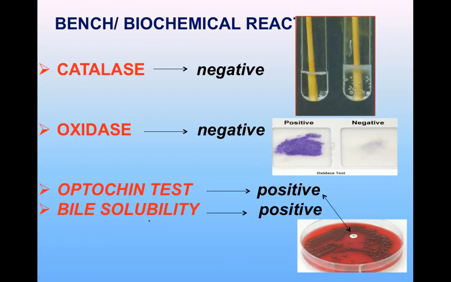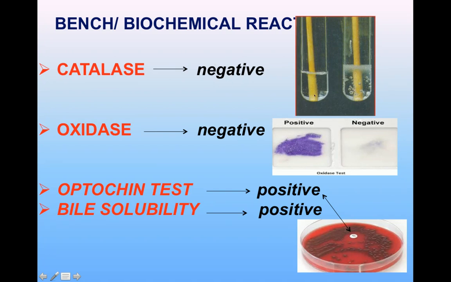After interpretation of the colonial characteristics, we are going to perform bench tests and biochemical tests on the colonies which we have isolated. First is the catalase test and oxidase test. These are the two bench tests which are going to be negative for strep pneumoniae. Catalase test, we have already done while we were doing Staph aureus. In this case, you take hydrogen peroxide in a test tube, take well isolated colonies of strep pneumoniae, and inoculate it there.